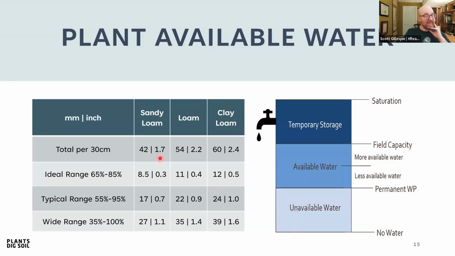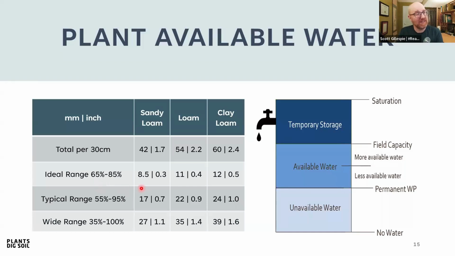So you should recognize these numbers, that 1.7, 2.2, and 2.4 is the available water that these soils can hold if they're right full. So this available water after the field is drained down, field capacity. Under irrigation, if we can keep it in this range here, these are very happy plants because it's not too wet and it's not too dry.